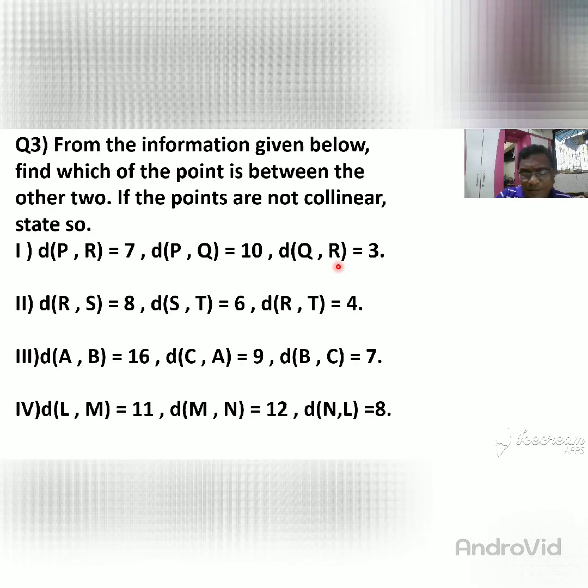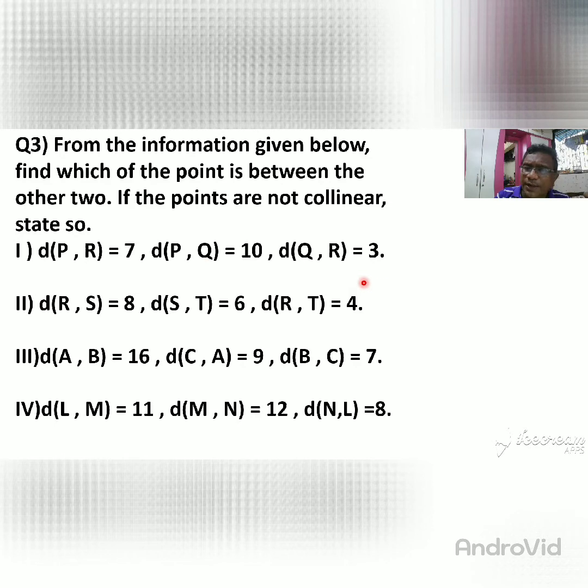The greater distance is distance PQ. So first remember that when you want to solve a problem of between, whatever the information given, you take the bigger number first. That bigger number is distance PQ. Why do I say take the bigger number first?